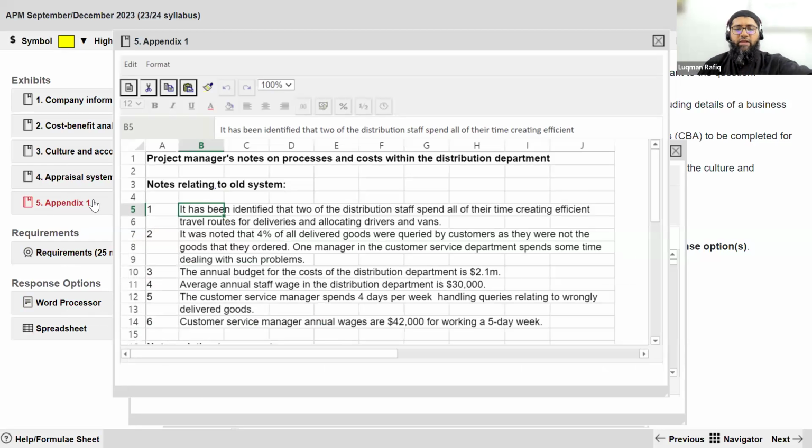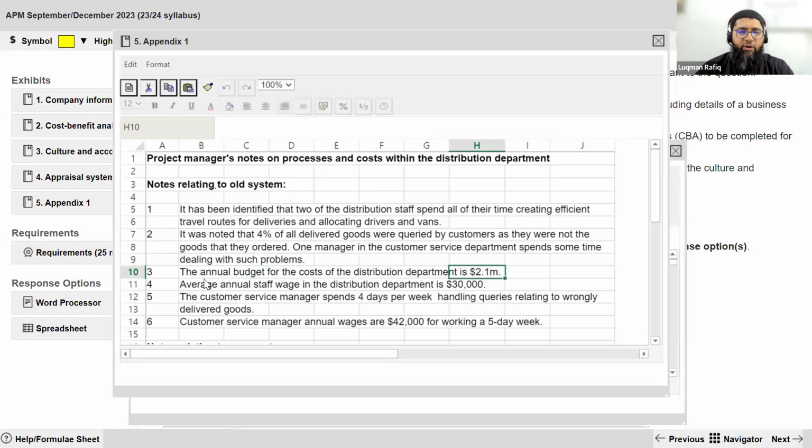The next situation is that the annual budget for the cost of the distribution department is $2.1 million.